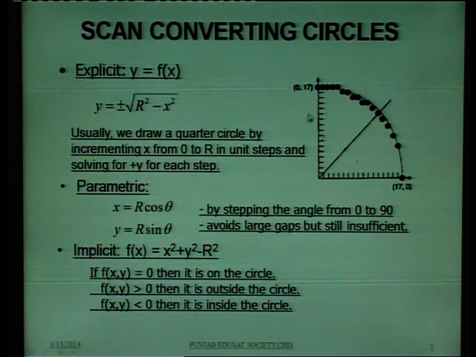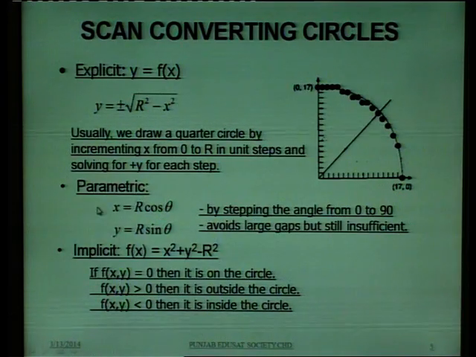Usually we draw a quarter circle, which ranges from 0 to 90 degrees, by incrementing the x value from 0 to r in unit steps and solving for plus y at each step. According to the values of x, we will be finding the values of y for every step of x.